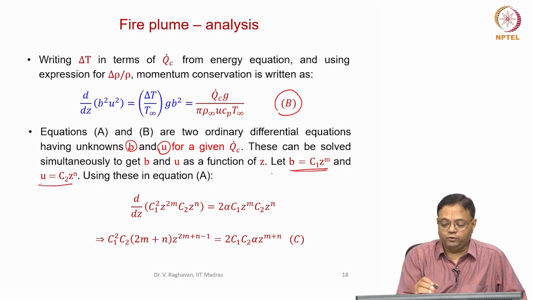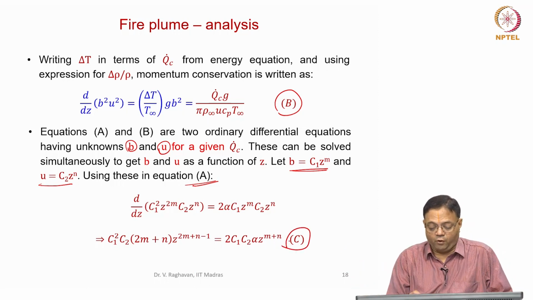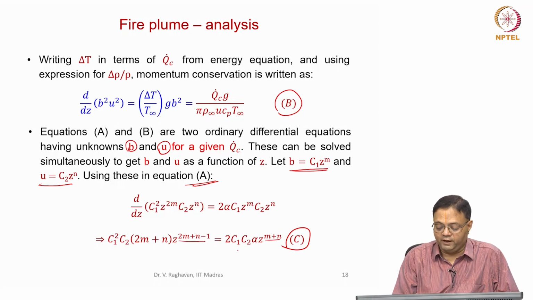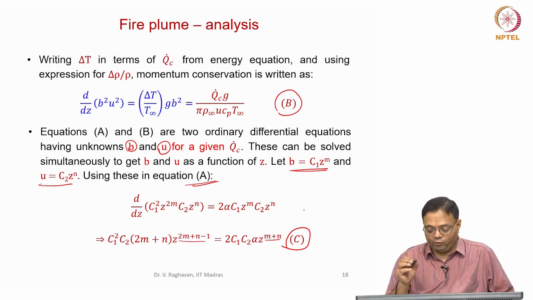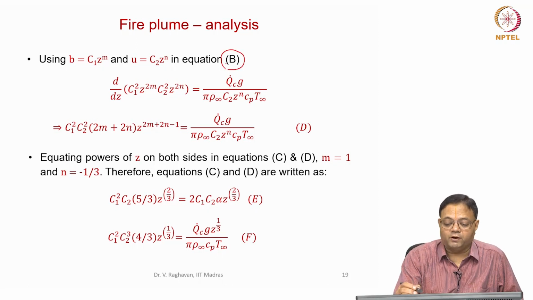When we substitute these two in equation A, which is the mass conservation, I get equation C. We have seen this. Now in equation C, the power of z on both the sides should be the same. So when you equate it, I will get one equation in terms of m and n. Now do this for equation B, which is the momentum conservation.